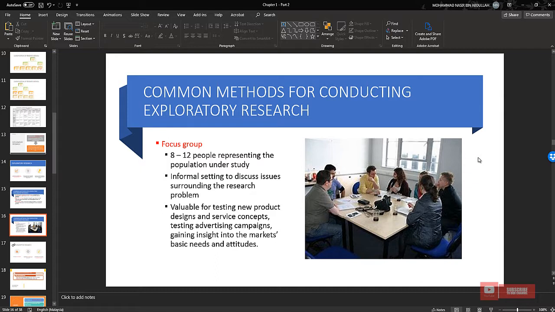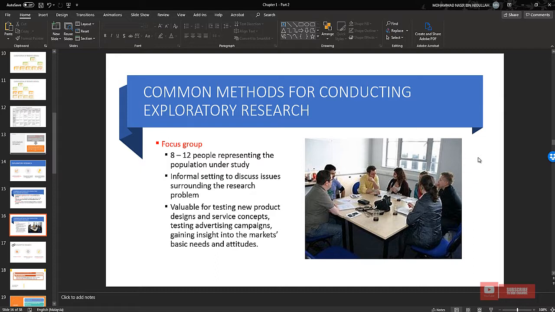Normally, a focus group consists of 8 to 12 people representing the population under study, and we gather together in an informal setting to discuss issues surrounding the research problem. It is valuable for testing product design. This is a valuable source of information to develop new product designs and service concepts.